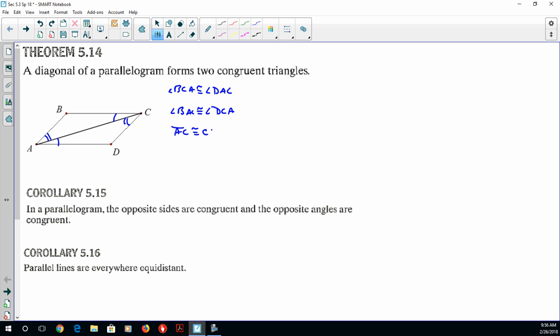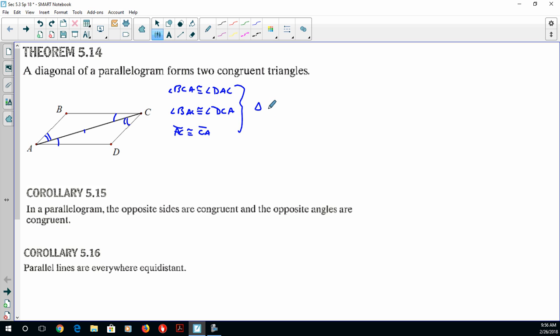So let's think of it as CA. Okay, so this side's congruent to itself, and what you have is angle, side, angle.